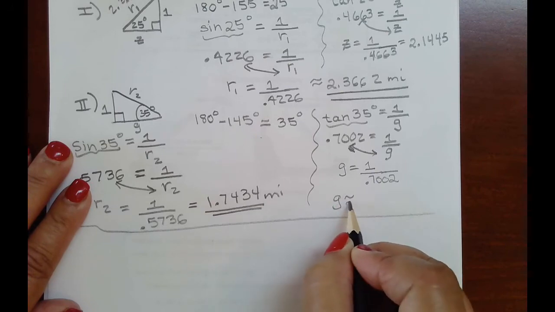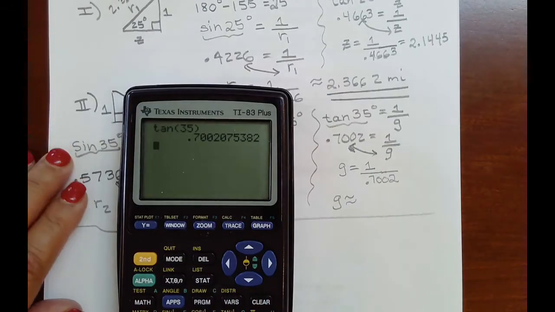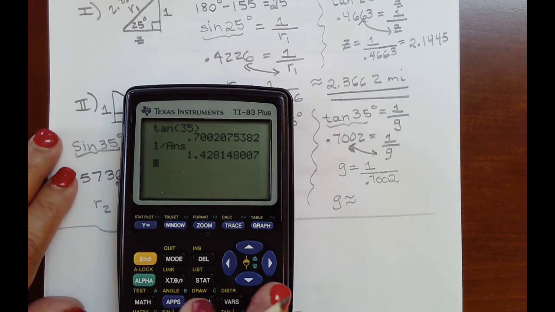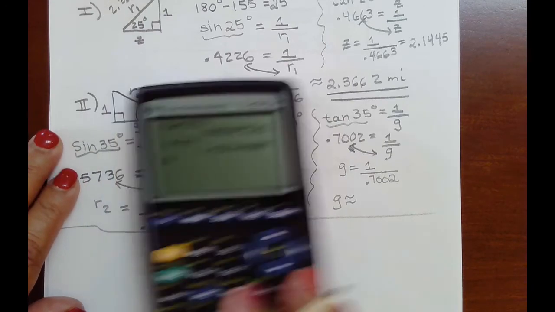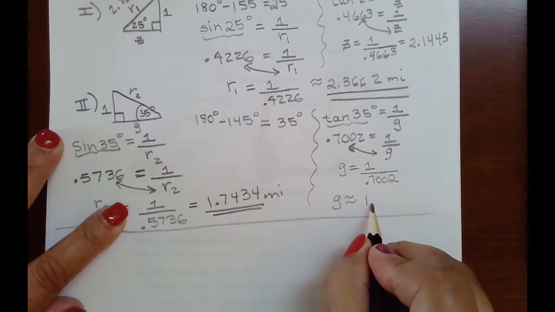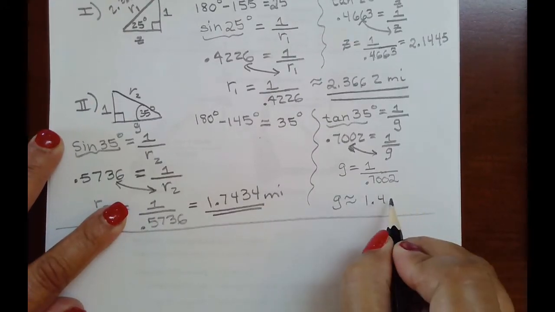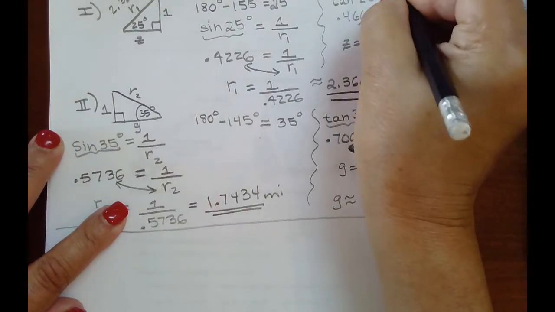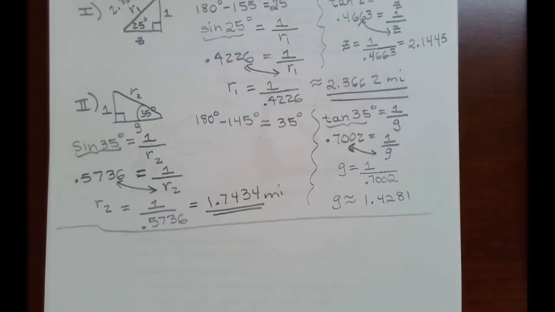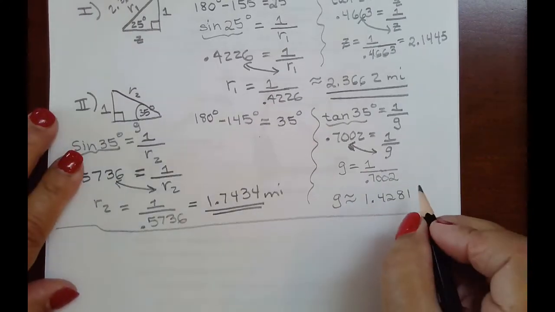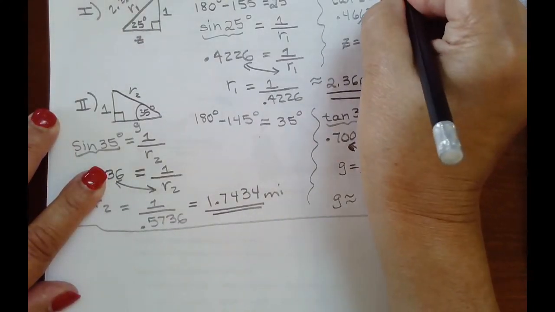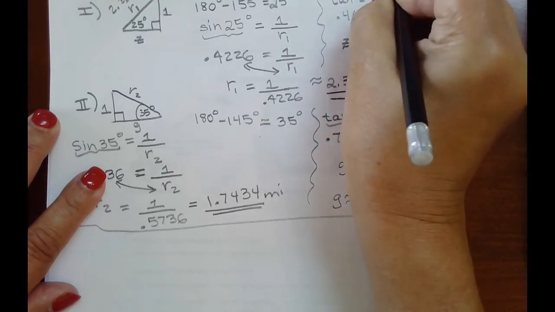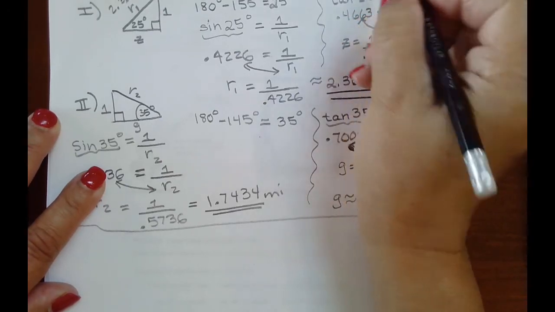And then I would have G is equal to 1 divided by 0.7002, so that would be 1.4281. Every pencil I'm using is breaking. 1.4281. So that would be this piece down here.